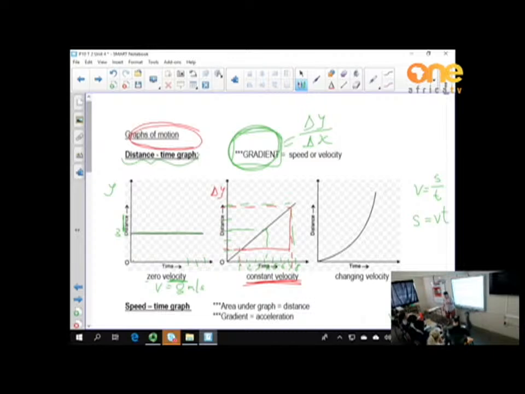All right. Does this gradient change? Nope. Whether I take the gradient there or whether I take the gradient there, is it going to change? No. So, when you see a graph, you go and check, I have a distance time graph. Oh, the gradient of a distance time graph gives me the speed or the velocity.